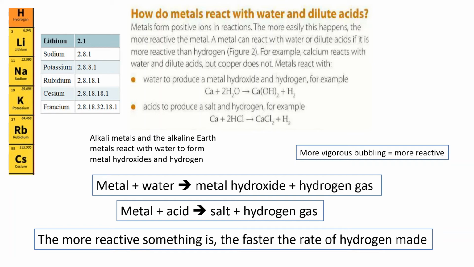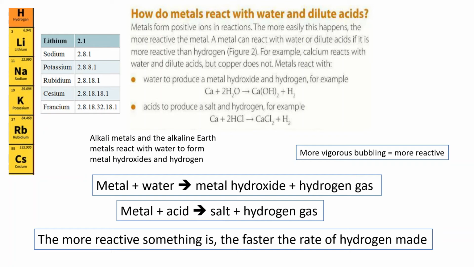How do you know if something is more reactive? Well, the more reactive something is, the faster the rate at which hydrogen is made. Also, if there is vigorous bubbling, it means it's more reactive. Also, if there is a bigger rate, there is a faster rate of temperature change.